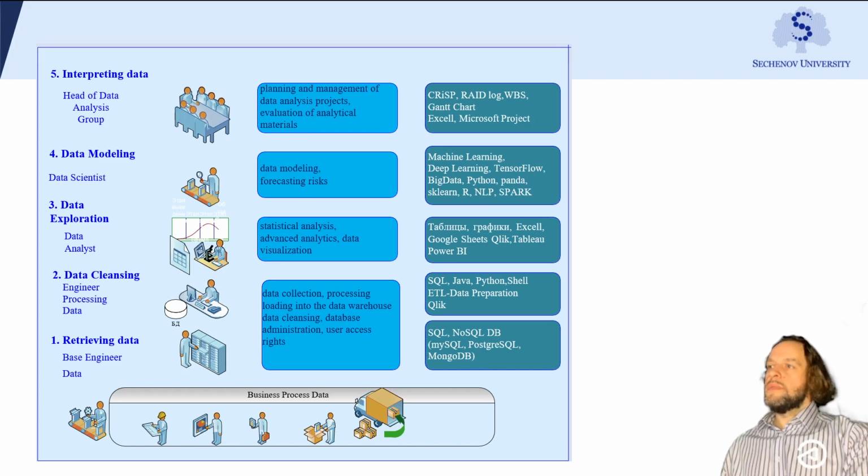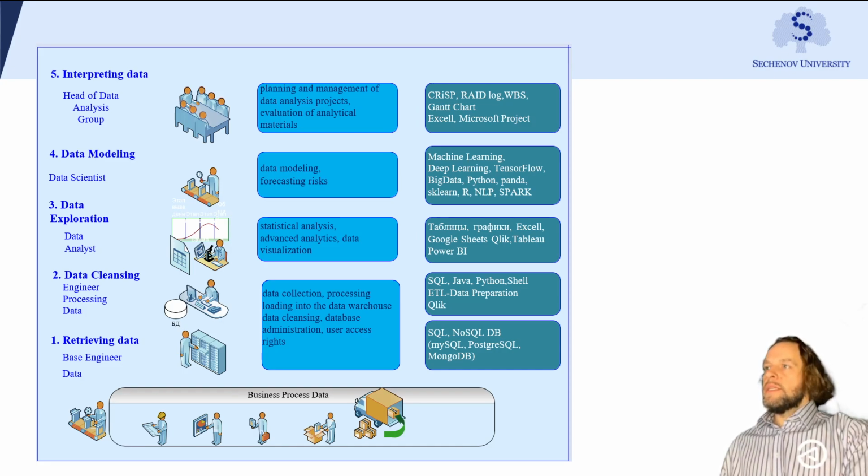For example, it could be data entry into the database or something similar. Next step is data exploration, and on this step we have data analysts. It's a qualified person who could use data analysis to find some relations between different sets of data.